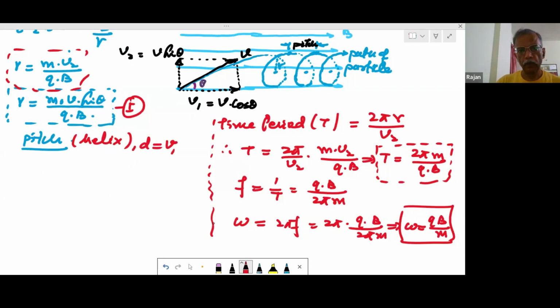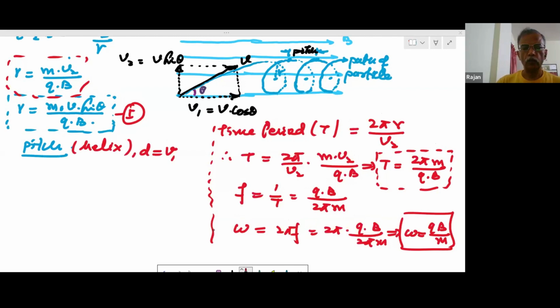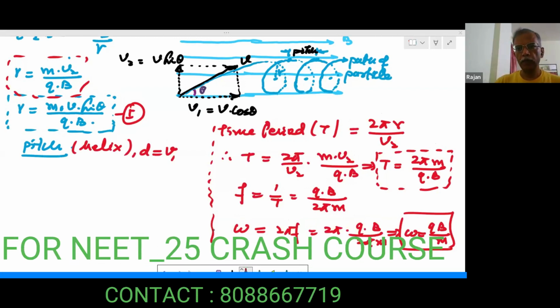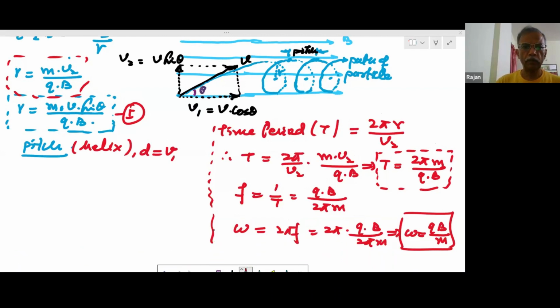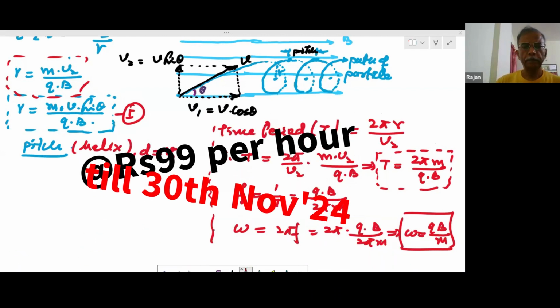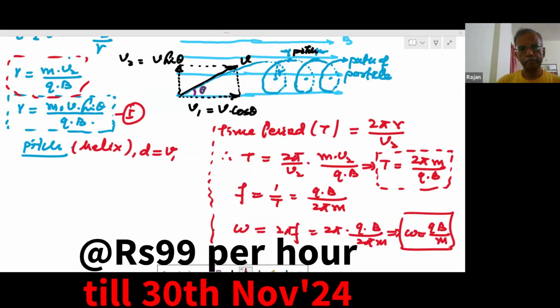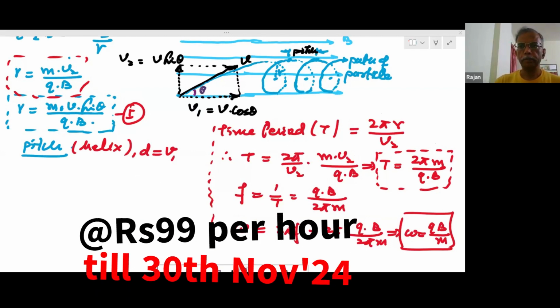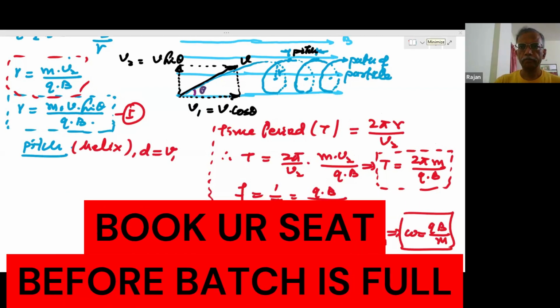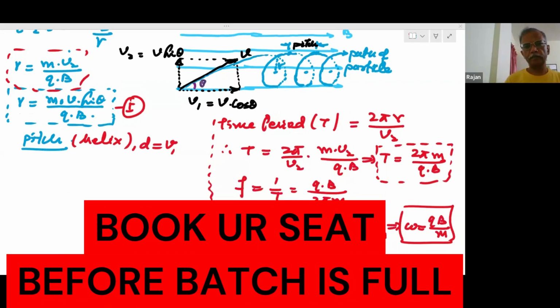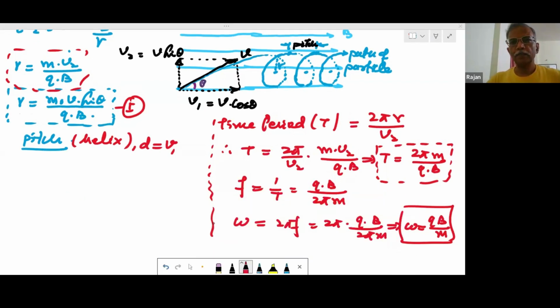Now how much time will it take to cover from peak to peak? Can you make it? How much time will it take? Tell me. From one end to the other, from one peak to the other peak.